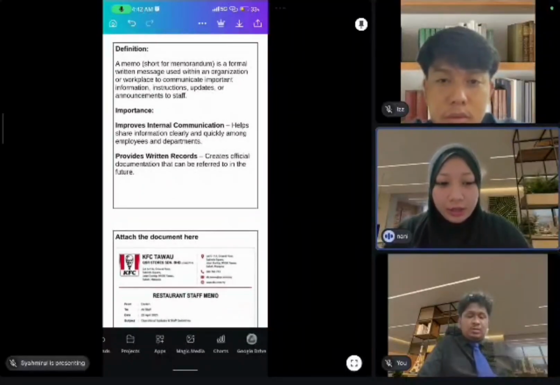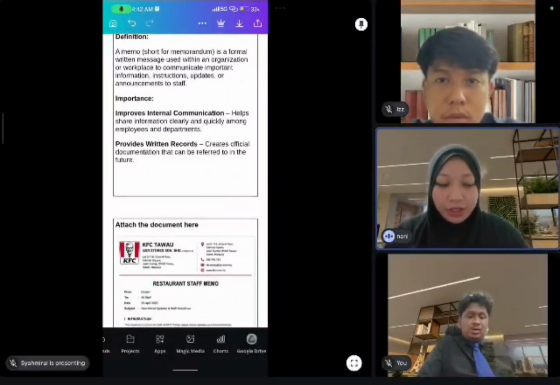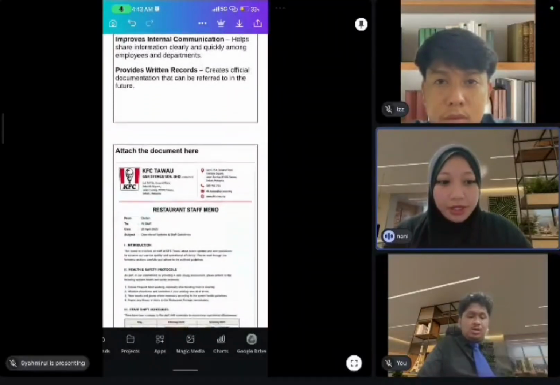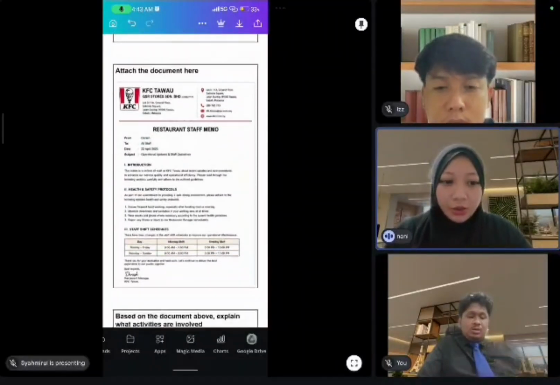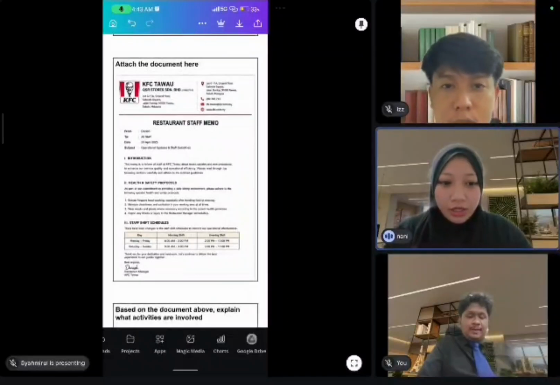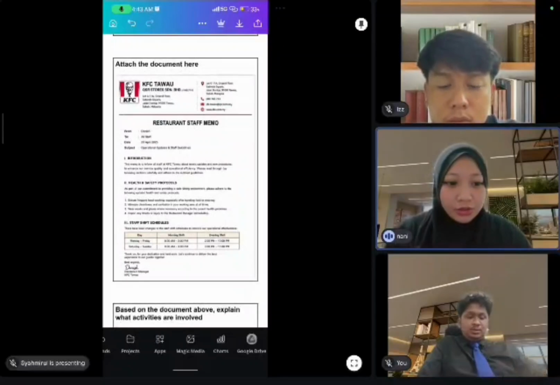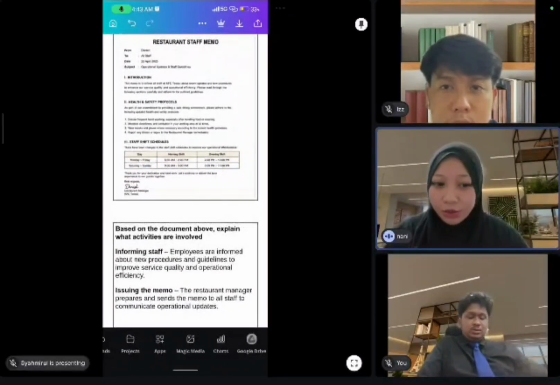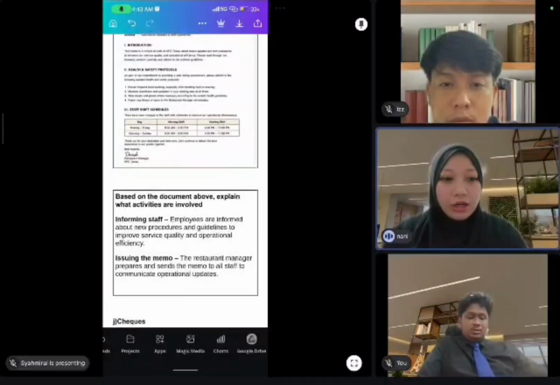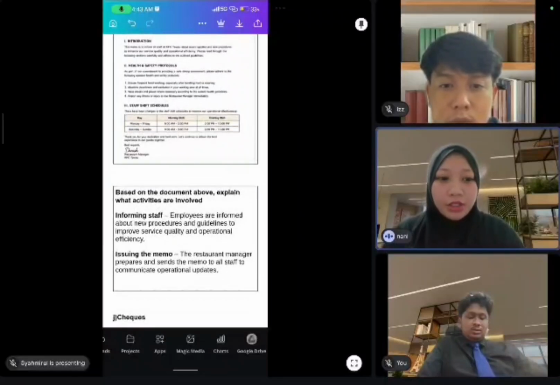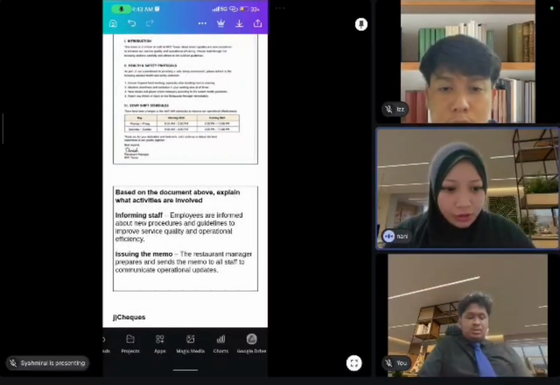Looking at this example from KFC Tawau, it is sent by the restaurant manager Danish to all staff members. It shares new health and safety rules and updated shift schedules to make sure work runs smoothly and service stays good. These are the activities involved based on the document: preparing and issuing the memo.